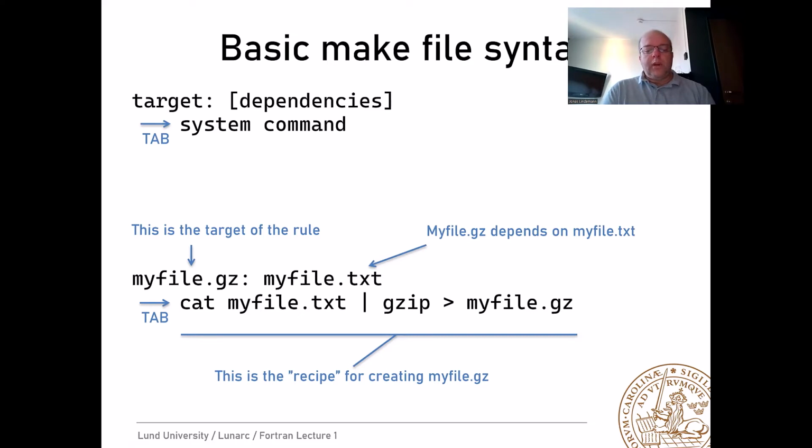We can cat the file myfile.txt, pipe it to gzip, and output myfile.gz. So the second part here is how to achieve the goal, myfile.gz, and myfile.gz will only work if myfile.txt is available. That is the dependency.